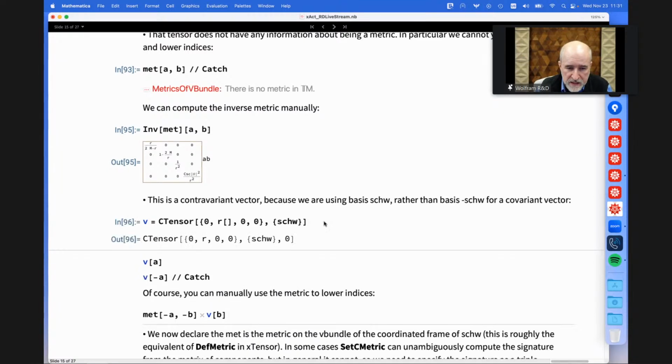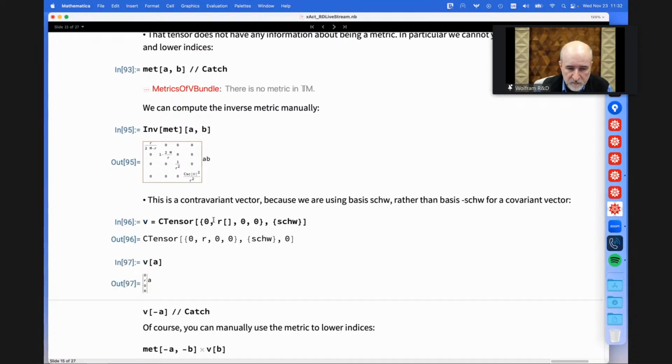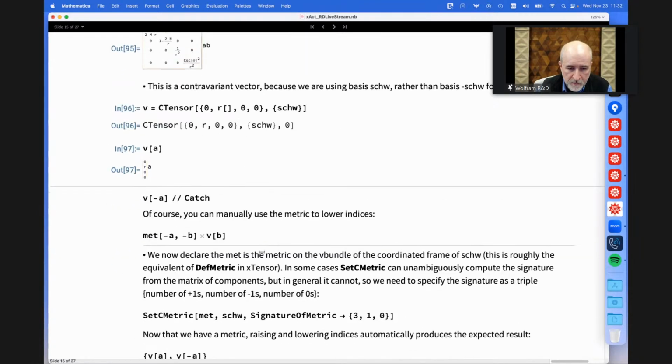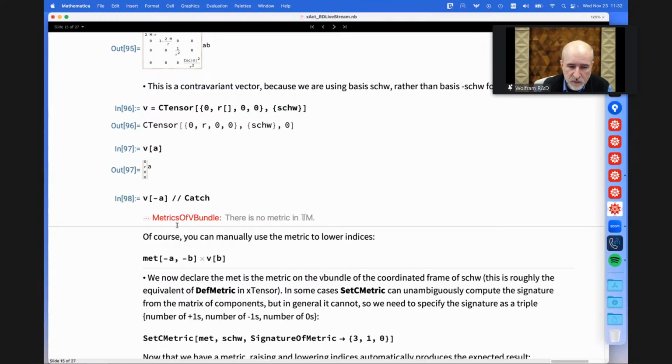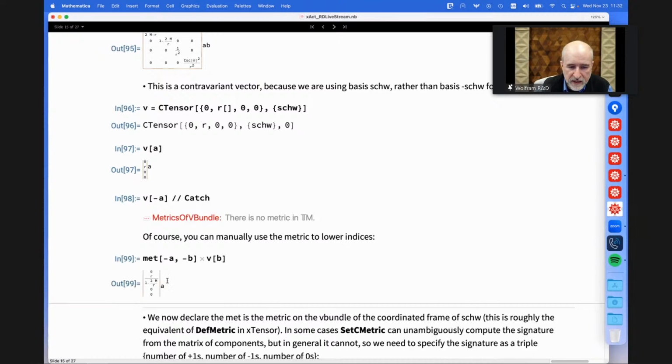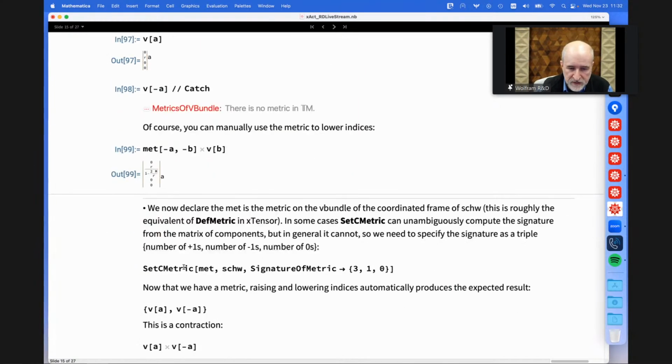For example, this is a contravariant vector, just component 0, R, 0, 0. And again, I defined it to be contravariant. So if I ask for the covariant object, it will complain, I don't have it yet. But you can multiply with the metric, and then you get the covariant version of it.